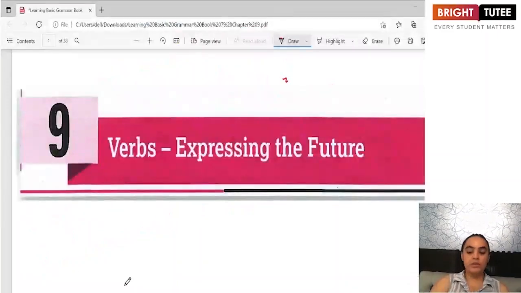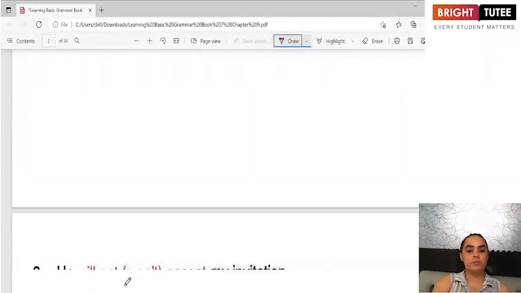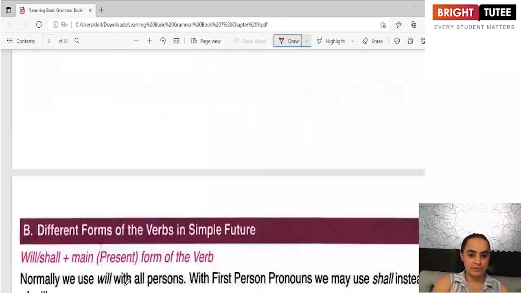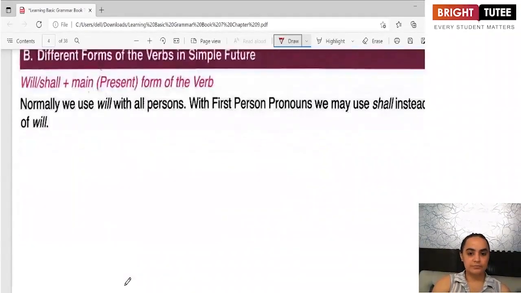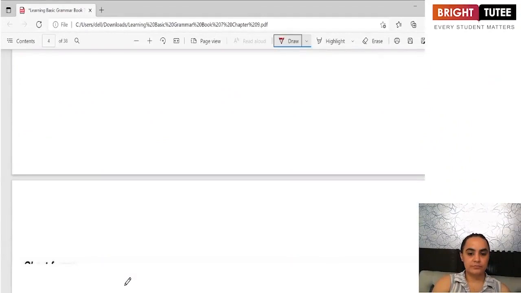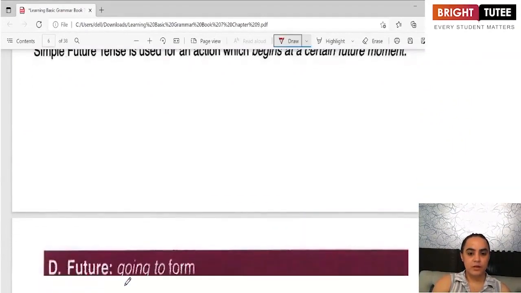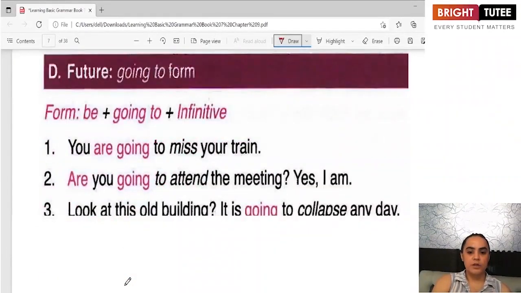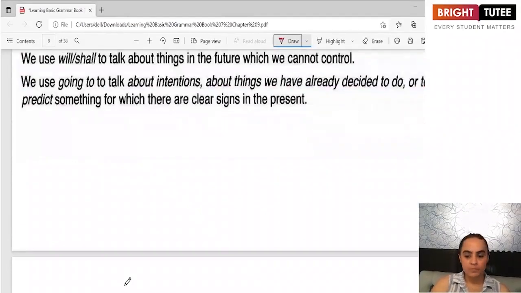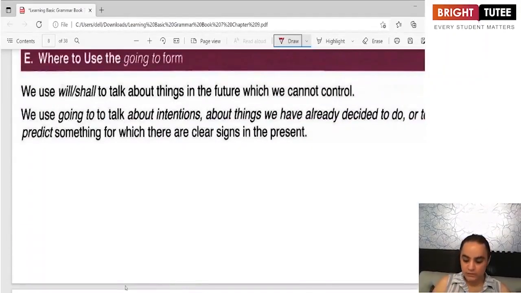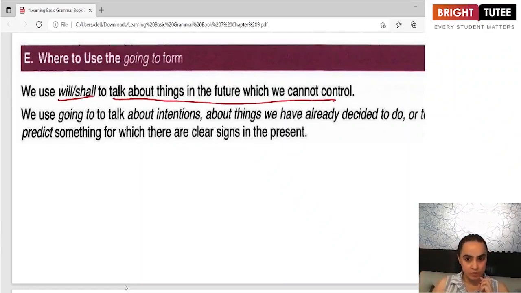Now where do we use the going to form? Let us learn about that. We will use will or shall when we have to talk about those things that will take place in the future and you do not have a control over them.